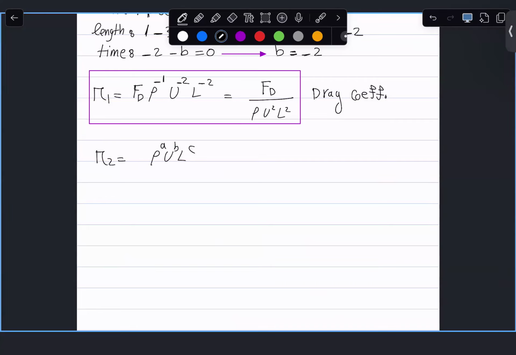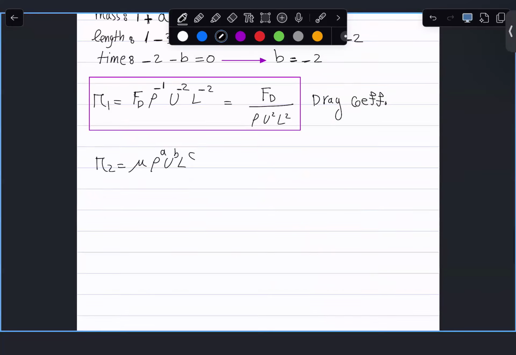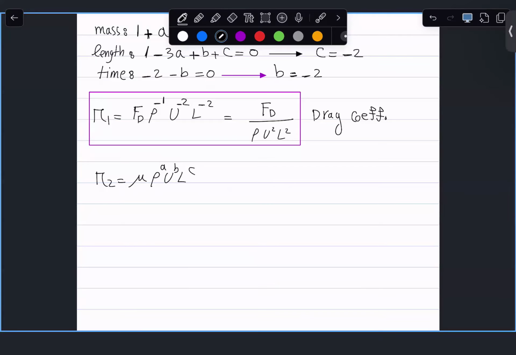But what's the other remaining variable? It's mu. So you write mu here and you find A, B, C such that that's non-dimensional. Okay, so let's do this on the board. You know what you can get, right? You have that in the notes.